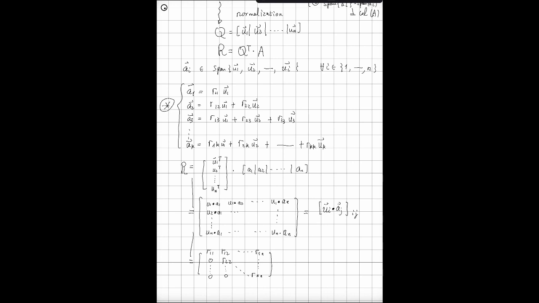So this is our R, which is upper triangular. The entries on the main diagonal are positive because actually it could be negative, but if it's negative, then we turn this Ui into minus Ui, and then this will become positive, which means there exists some orthonormal basis such that it's positive.